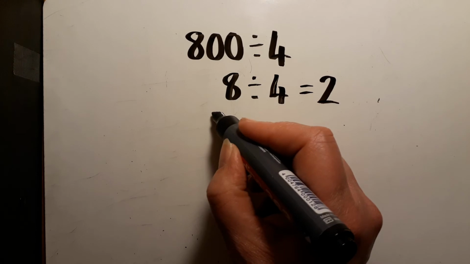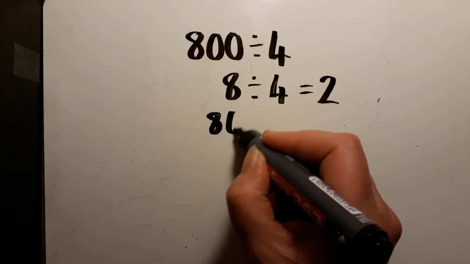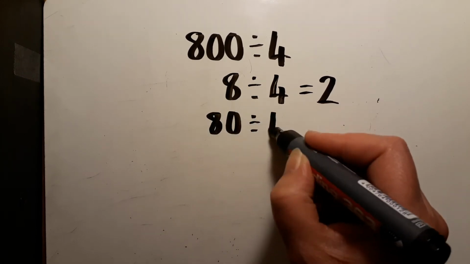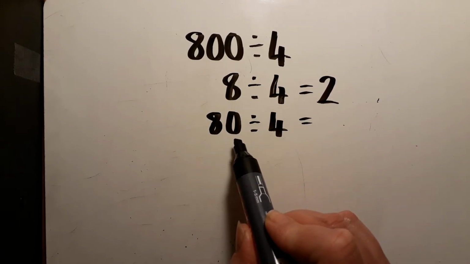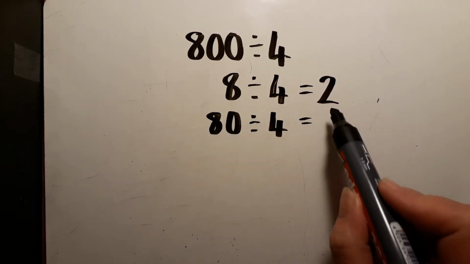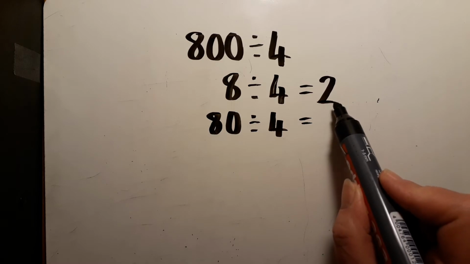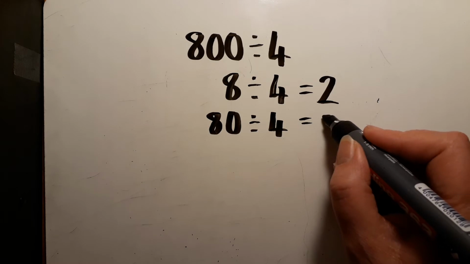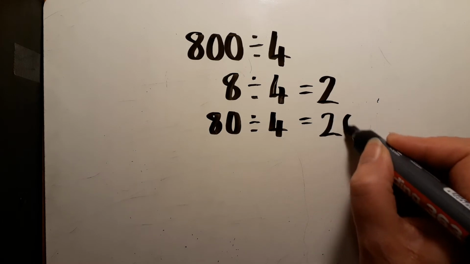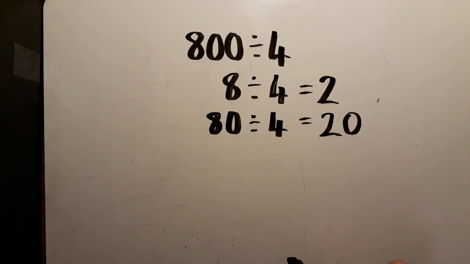That can then help us do 80 divided by 4, which means we've moved up one place value, and our 2 that was in the ones needs to move into the tens, and that will give us 20.